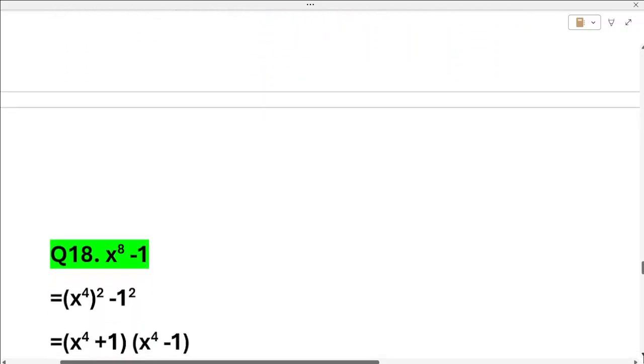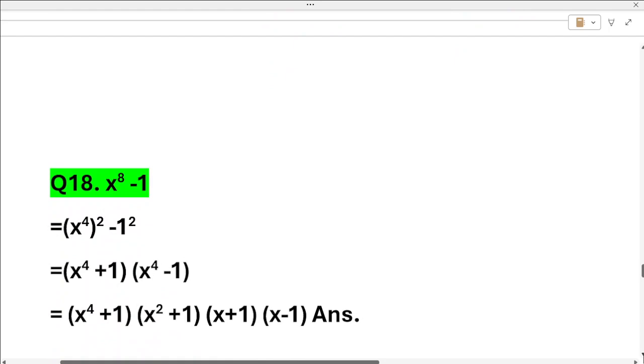So come to question number 18. Question number 18, it is given that x to the power 8 minus 1, we need to factorize it. Okay, so how can we express as a square terms? You can put it like this, x to the power 8.